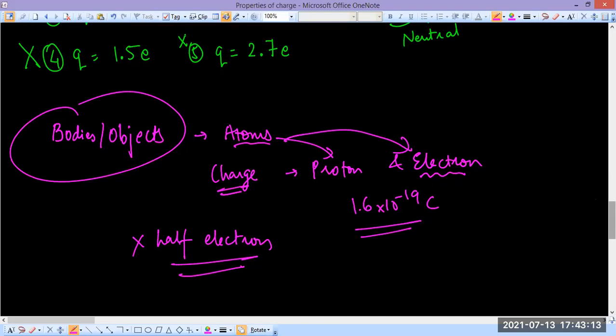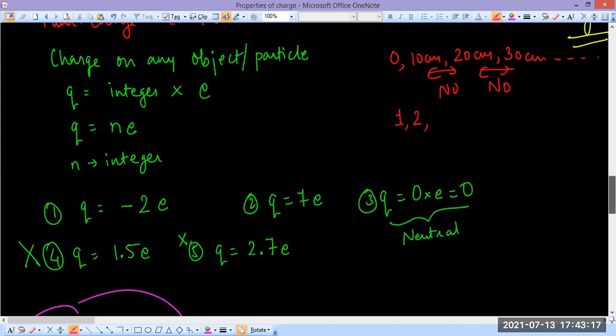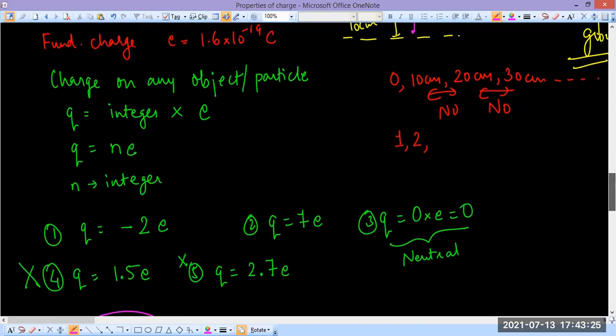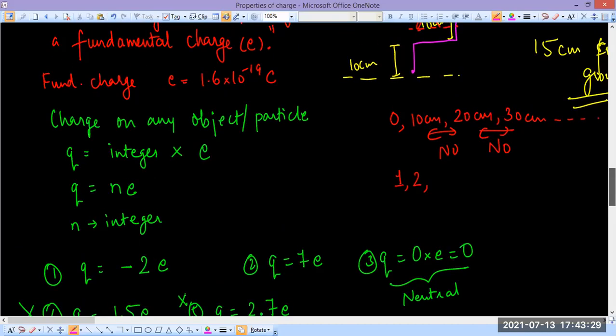So that's about quantization of charge. You should know which values are allowed and which values are not allowed.